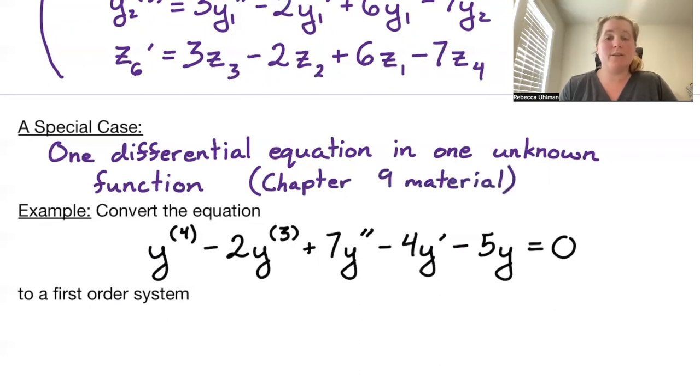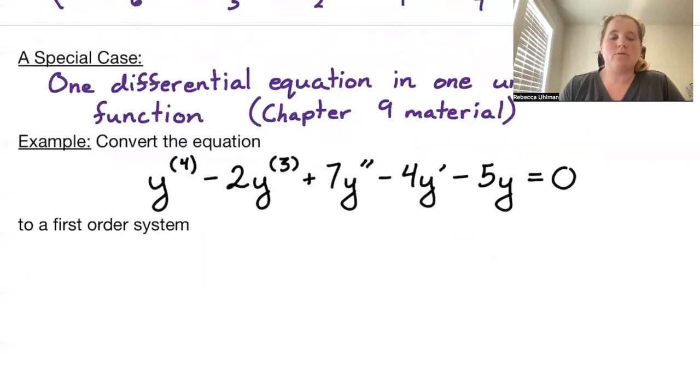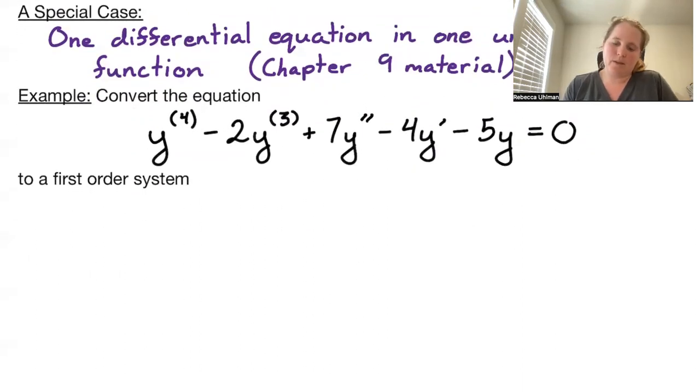We can view this one equation as a system on its own, and we can pull the same trick. So we can convert this fourth order equation, fourth derivative of y minus 2 times the third derivative plus 7 times the second derivative minus 4y prime minus 5y equals 0 into a first order system.